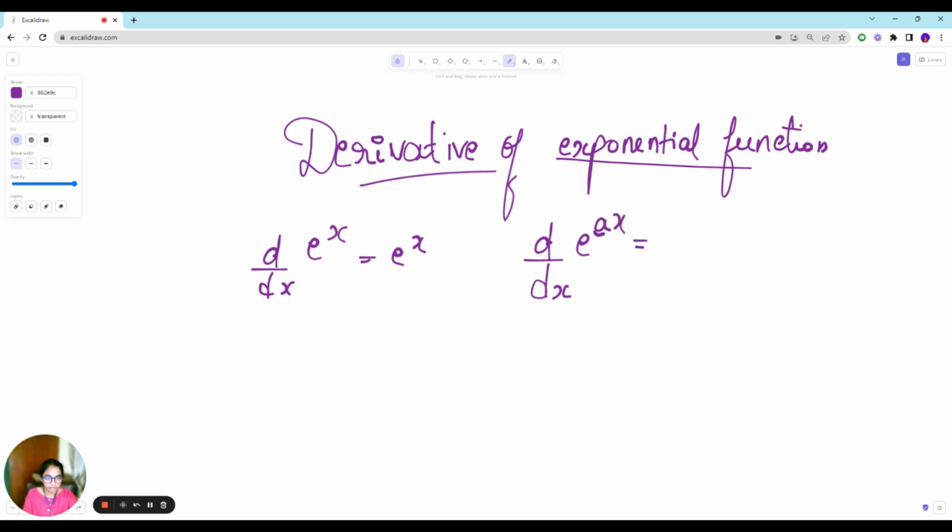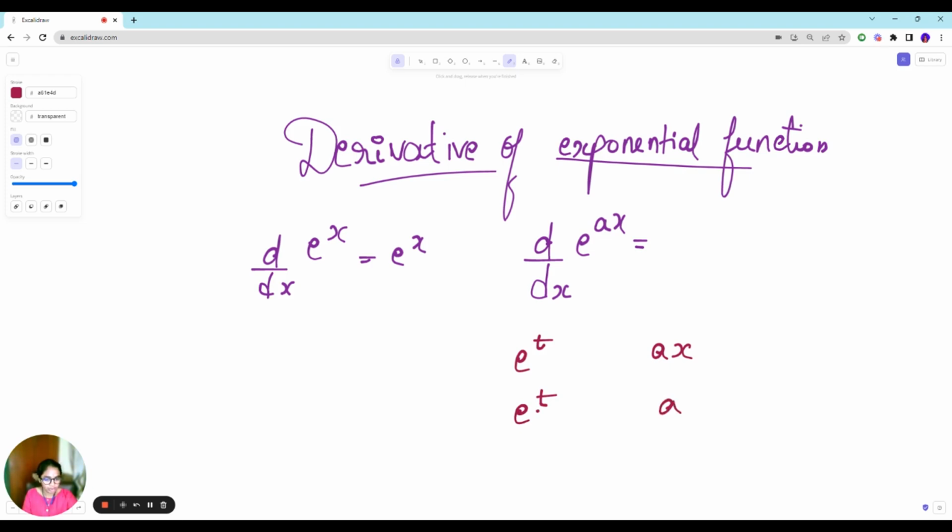What would that be? Let me apply chain rule. That is, in place of ax, I would take t. So I would have e power t on one side and I would have ax on the other side. Correct? So the differentiation of e power t is e power t itself, and differentiation of ax is a.